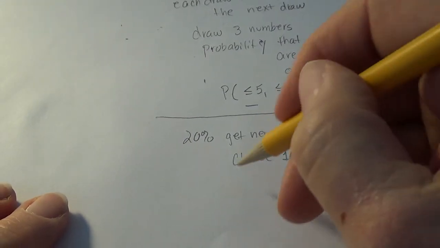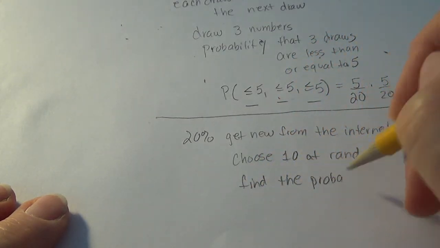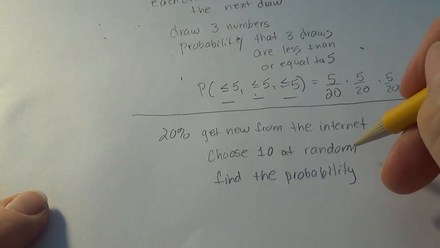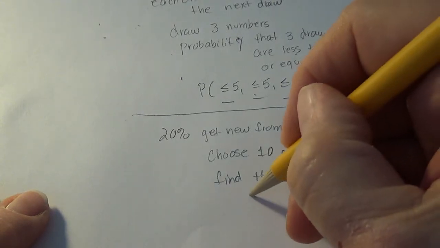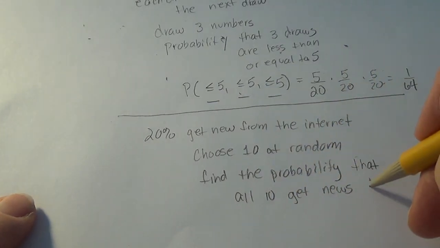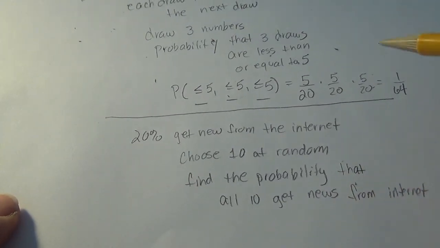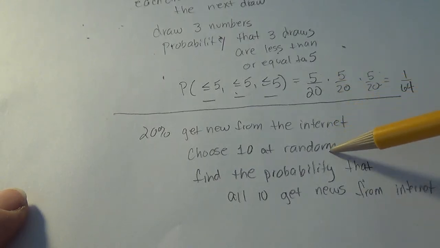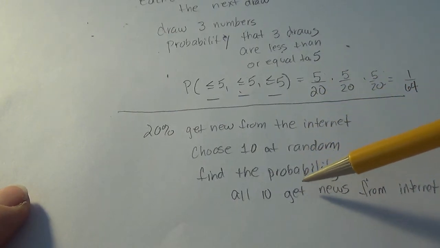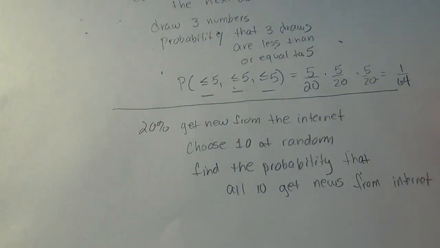What is the probability that all 10 get their news from the internet? These events are independent because I've chosen randomly from the United States. That means that one person's choice of where they get the news is not affecting the next. They are independent of one another.